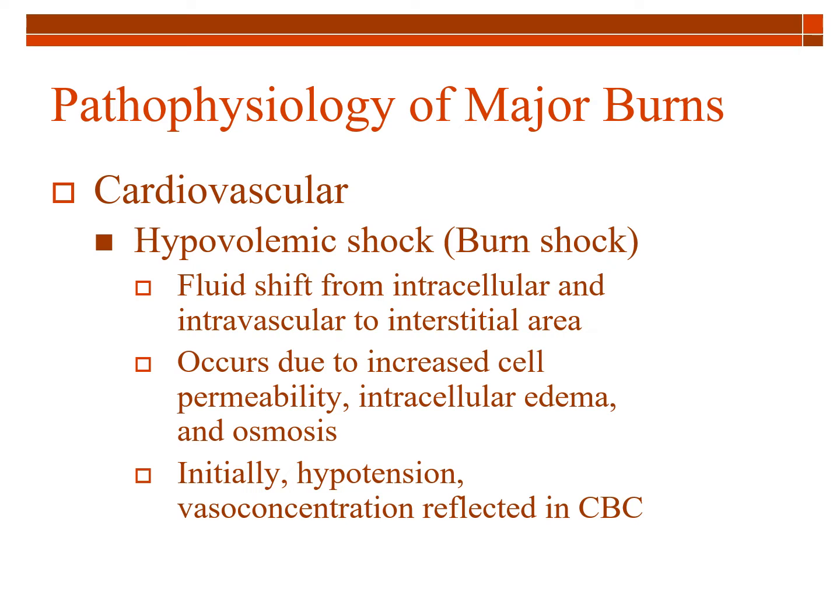Also, the CBC results reflect a hemoconcentration, so that the hemoglobin and hematocrit are elevated, which reflects the fact that the fluid has left the intravascular space. In other words, a high hematocrit and hemoglobin is often caused by hemoconcentration due to fluid loss.